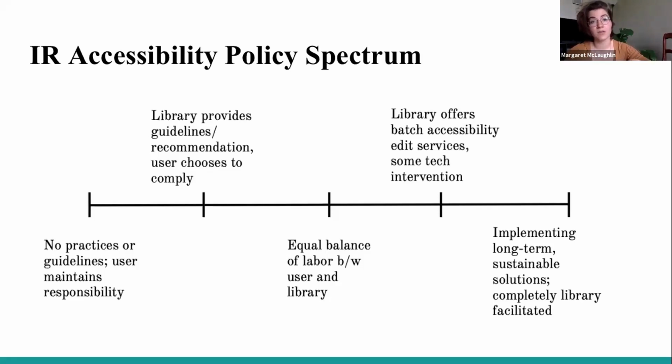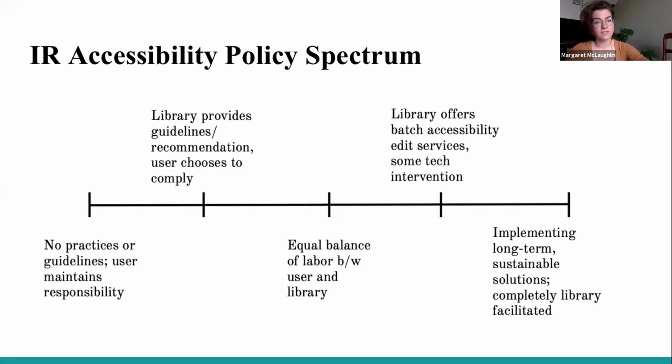So we were really aiming towards step 2, because that fit into the resources that we had. And we also wanted to make sure that we could create guidelines that users would engage with, that they wouldn't just gloss over. So we really tried to think through how to make guidelines that were effective and that were going to easily engage the users to comply with these accessibility guidelines or recommendations.